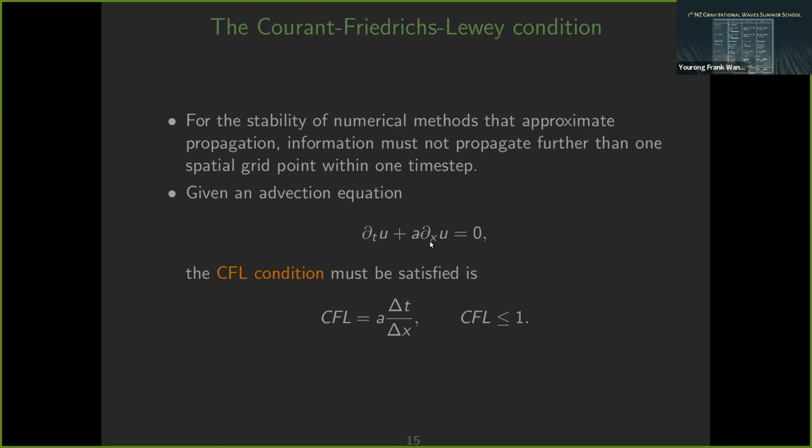You might know this from partial differential equations in third year: you do a characteristic analysis on this, and you find that A is in fact the speed of the propagation of U. And so what you want is for this CFL condition to hold, knowing that A is your speed, which basically says that if CFL is less than or equal to 1, then that geometric property, that you're not going further in space than you are in time, will hold.